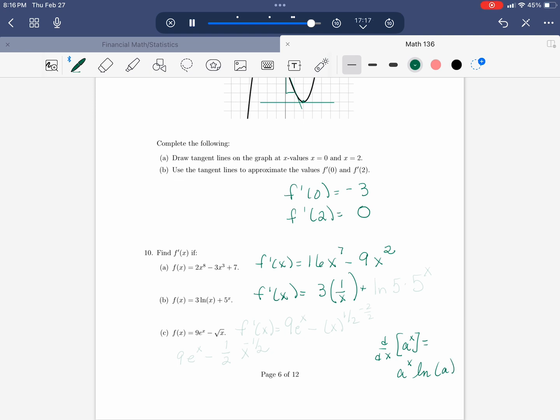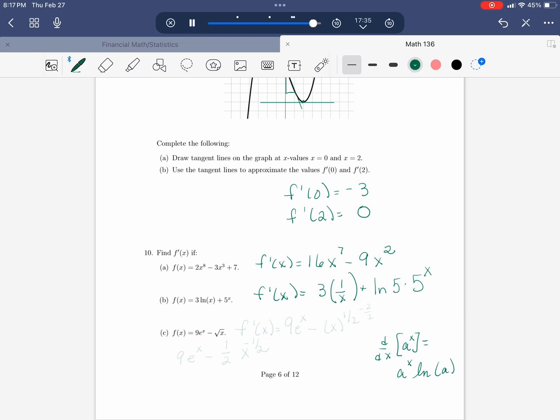Okay? So that's what happened here. The answer is the natural log 5 times 5 to the x.